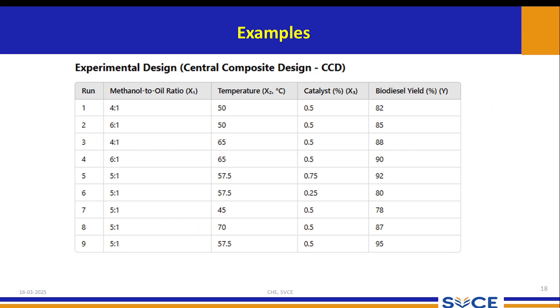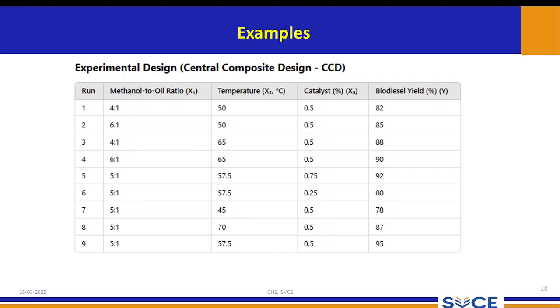Coming to the experimental results, they varied the methanol ratio 4:1, 6:1 and 5:1. So they changed the factor over 3 levels, and 3 factors have been taken here.